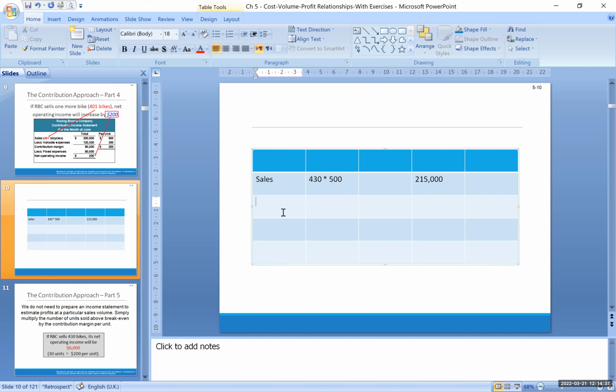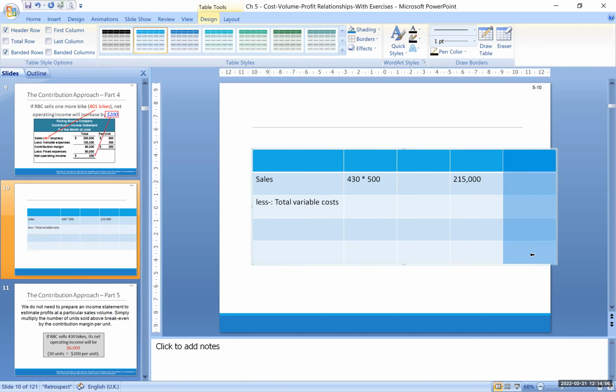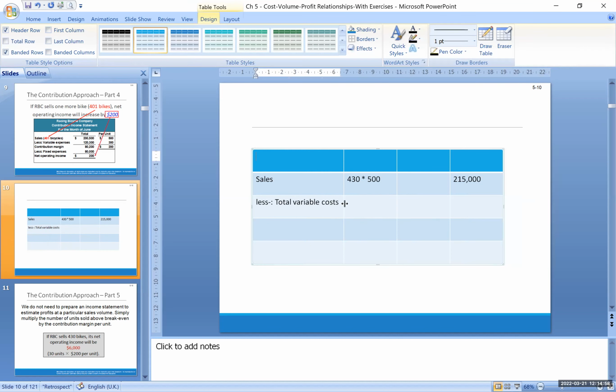$215,000. The total variable costs will be deducted from the sales, so less the total variable expenses. In this case, it will be 430, the number of units sold, times 300, the variable cost per unit.